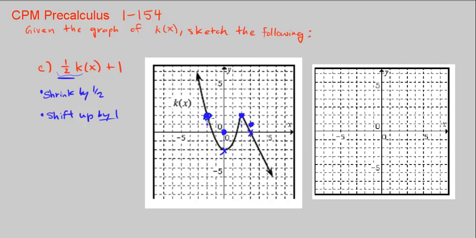We have (-2, 2), so -2, up 2, (0, 1), (2, 2), 2 to the right, 2 up, and (3, 1). Okay? So this is now our parabola shape.